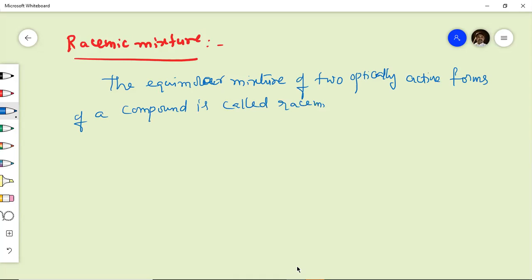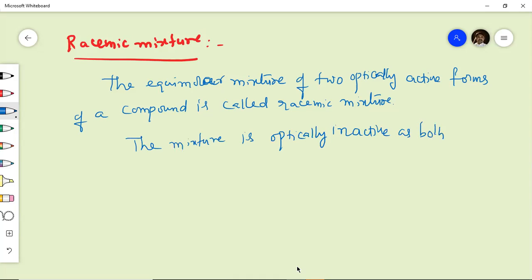And this mixture is optically inactive. Why does this come under optically inactive? This mixture is optically inactive as both the forms neutralize the effect of one another.